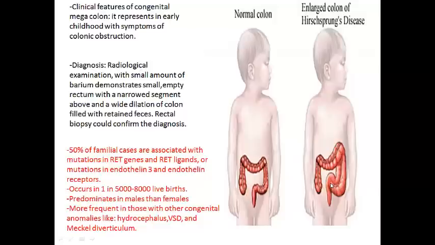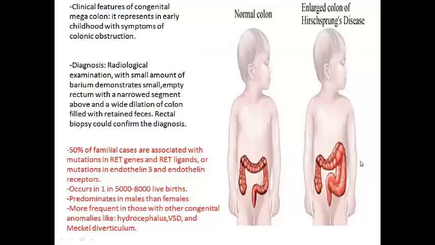The clinical features of congenital megacolon: usually it's present in early childhood, and you're going to have symptoms of colonic obstruction. These symptoms may include constipation, abdominal distension, and may include vomiting as well. To diagnose this case, usually we need radiological examinations, which is easy to think of because megacolon is very clear in radiological images.